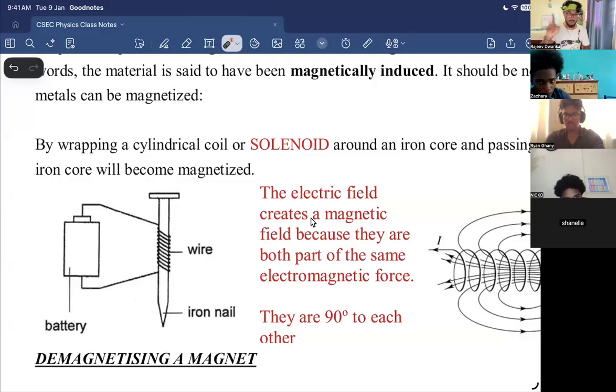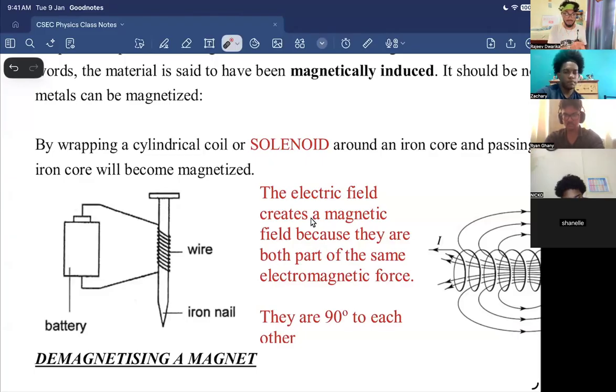Number one, you have a battery. The battery is supplying current. That current is going to pass through the conductor, which is the wire. Anytime you have current passing through a conductor, what is generated around it? Magnetic field.